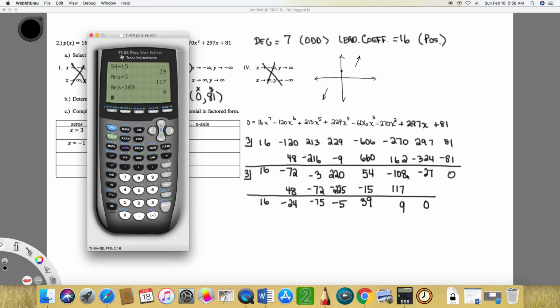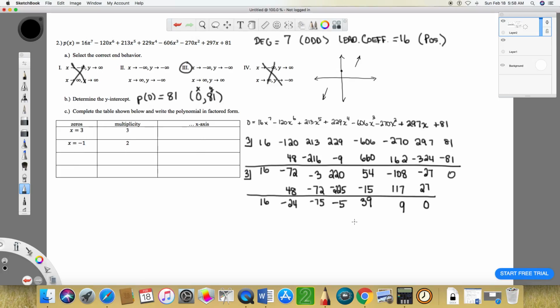And we get another 0. So we can do it one more time, and again we need to get a 0 there. And we do.